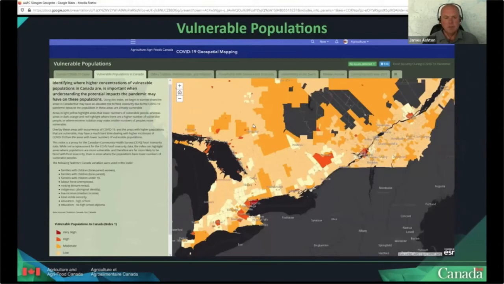We used a couple of templates online to try and understand this particular problem, but we came up with a normalized algorithm that looked at families with children who had a lone parent, families with children under 19, people that were renting versus owning houses, as well as visible minorities, those that identified as Aboriginal, and of course median income and education levels. All were factored into that algorithm to identify where there were large concentrations of these populations.